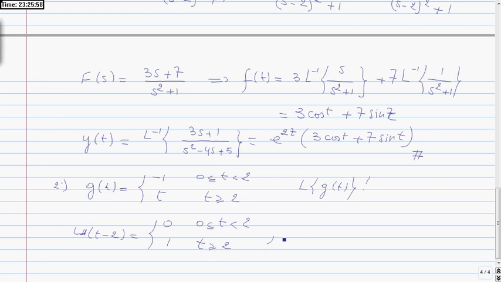And the other function that we define, v of t minus 2, which is 1 minus u of t minus 2, is defined as 1 between 0 and 2, and it is 0 when t is greater or equal to 2.